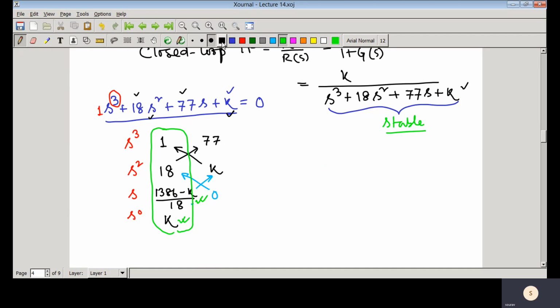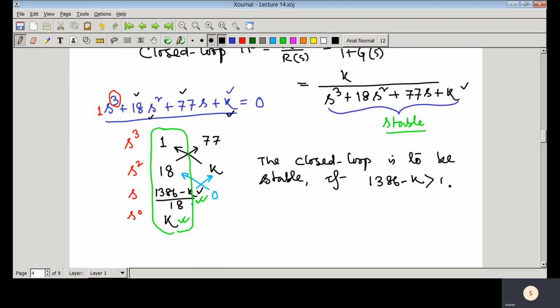So that means the closed loop system is to be stable if this particular term, 1386 minus K, should be greater than 0.